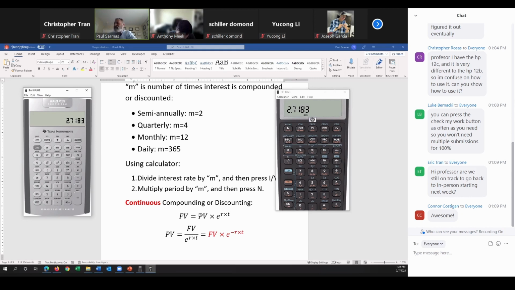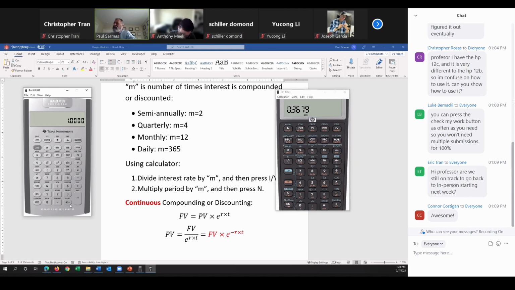What if you're calculating present value? You can do it this way. If you're calculating present value, you can take future value divided by e to the power R times T, or you can do future value times e to the power minus R times T. So if I take 2.7183 and divide that into 1, I will get this value, 0.3679. But let's do this here on the Texas Instruments. 0.10, that's 10%, times 10 years, equals, but they want me to change the sign to a minus.